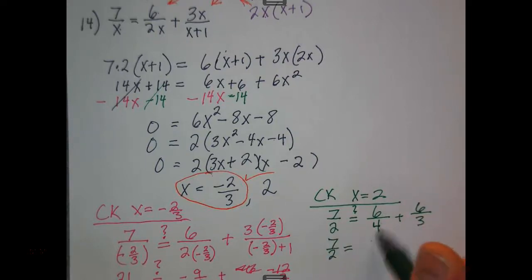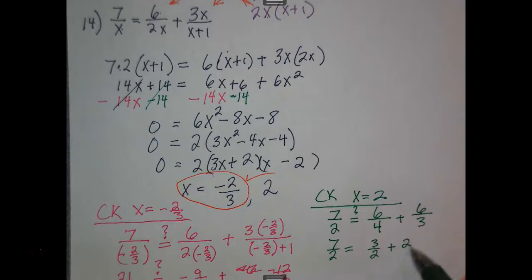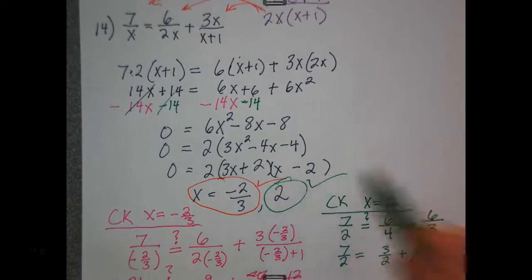Reduce, that is 3 halves plus 2. 2 over 1 is the same as 4 over 2, right? So we get 7 halves equals 7 halves. Guess what? They both check.